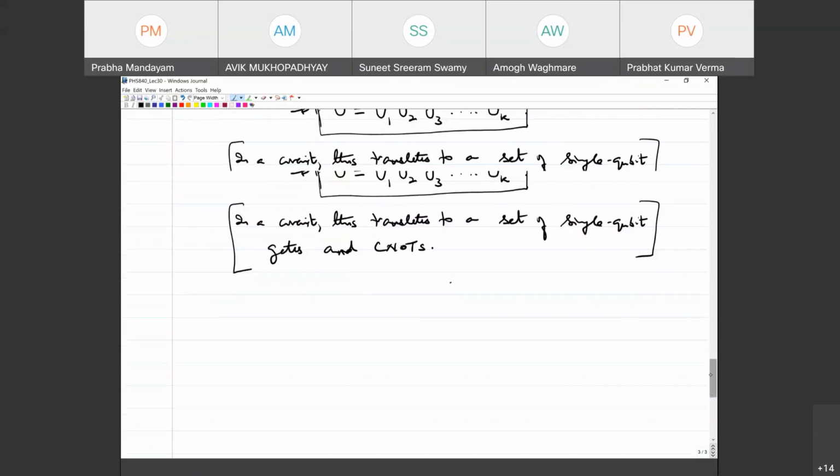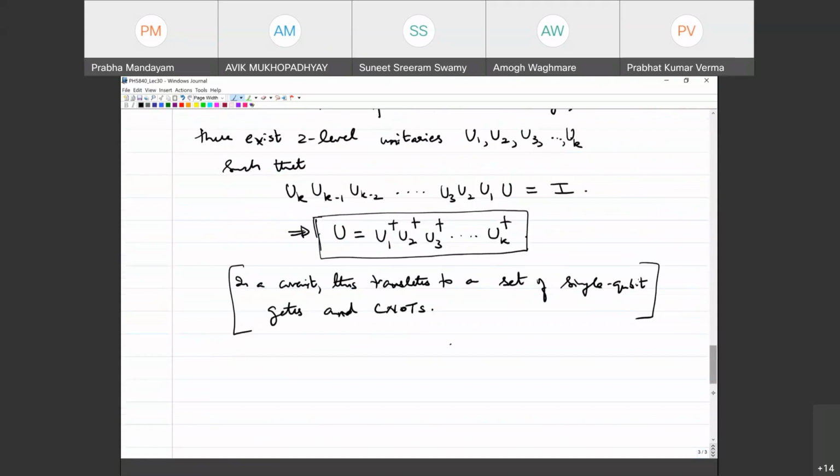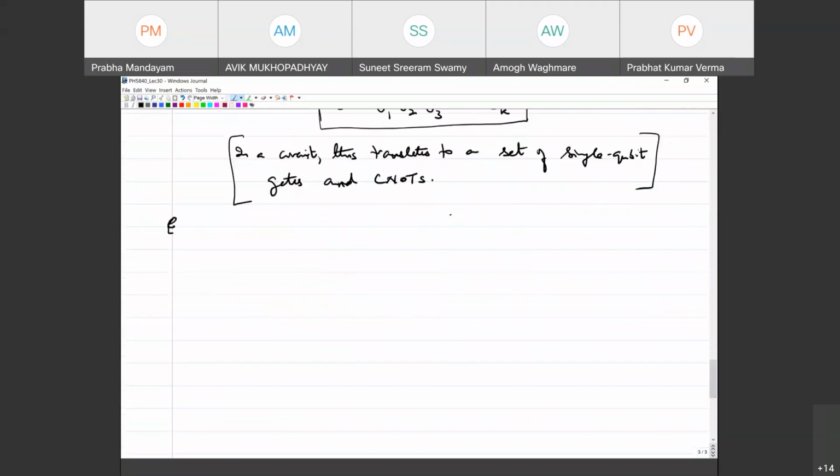We're actually going to show this using a generic example. So consider a 3 cross 3 unitary. I hope I don't confuse you too much. I'm now talking about a 3 cross 3 unitary, which is not a 3 qubit unitary.